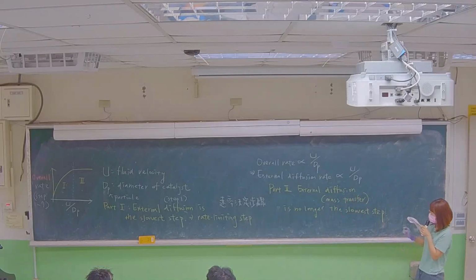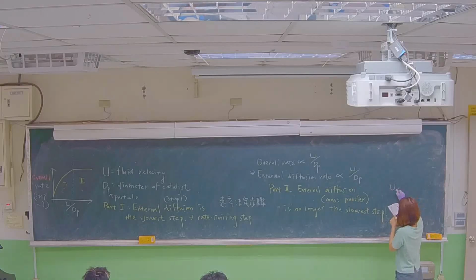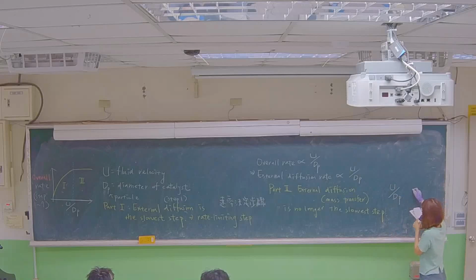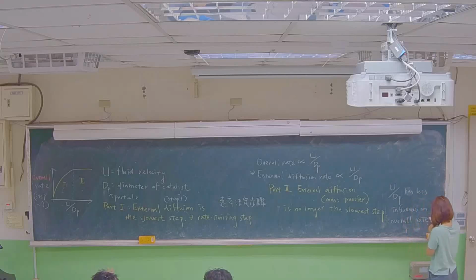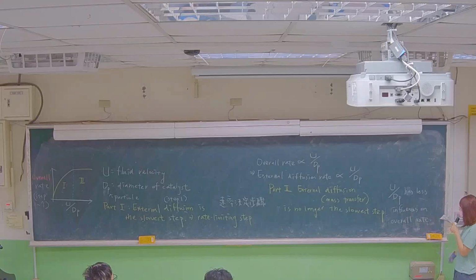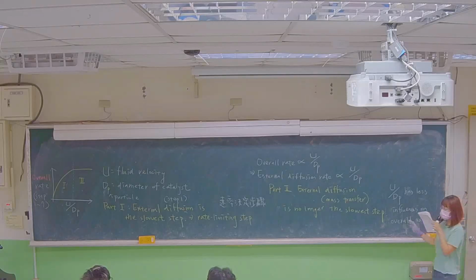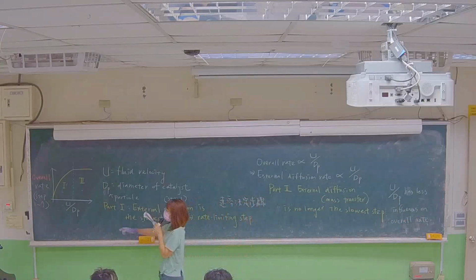So U over dP has less influence on overall rate. That is the reason why in part 2 the curve is like this.